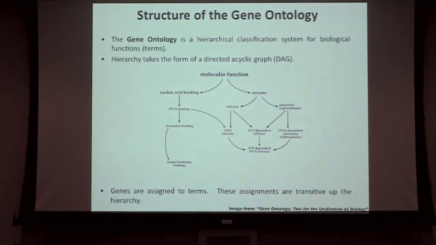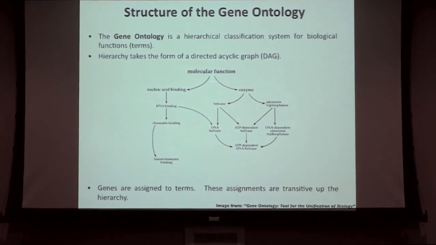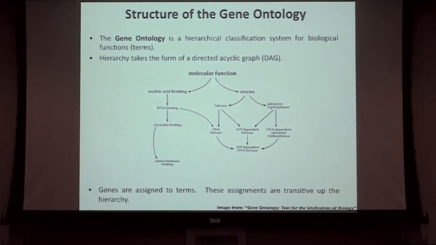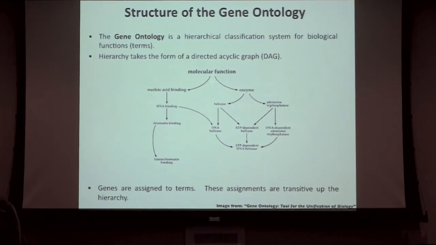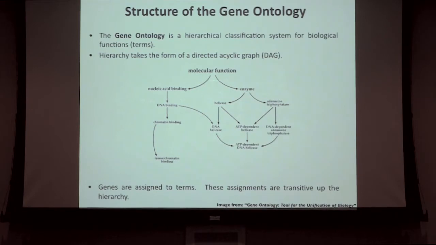So the structure of the gene ontology. So as I said, annotation data comes in a database where genes are annotated to functions or terms. But the gene ontology basically provides a controlled vocabulary for biologists to use when they make these annotations, because we don't want individuals to call the same function by different names.